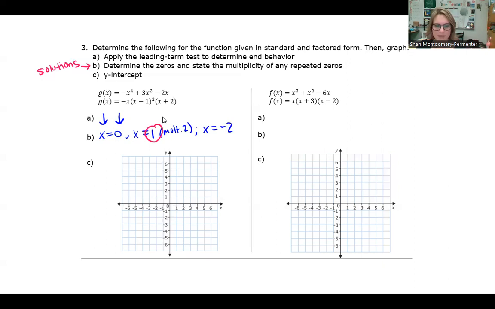But my 1 has a multiplicity of 2, so I'm going to mark it with a dot. The other 2, I'm going to mark with a little x. I mark them with a little x because I think of the x like a door. You can go through a door, so we will go through at those points, but I bounce anywhere I see the dot because it's like a ball. I bounce there.